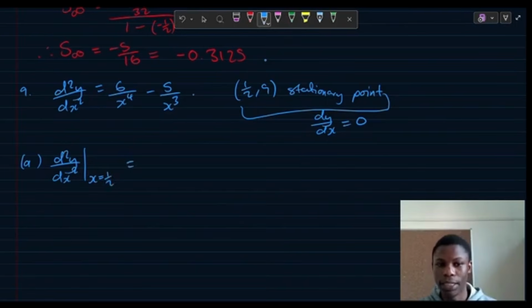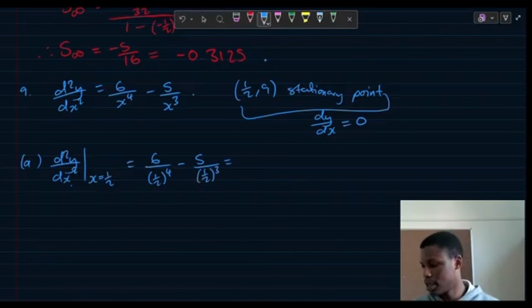This is just fancy notation to say that I'm evaluating my second derivative when x is 1 over 2. Okay, so substitute x with 1 over 2: 6 over 1 over 2 to the 4 minus 5 over 1 over 2 to the 3.